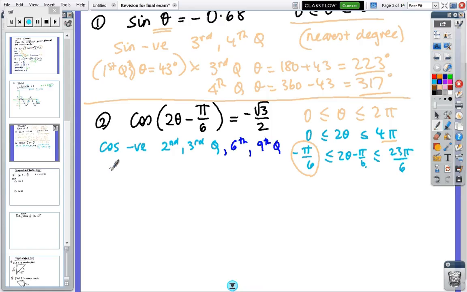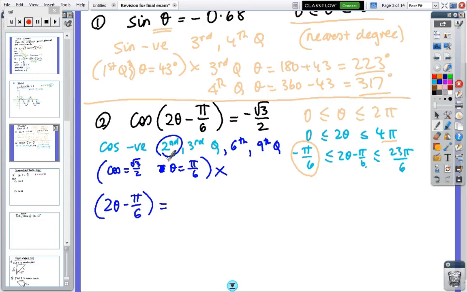Okay, so when cos equals root 3 on 2, that means that pi on 6 is our value, but that's not the right answer because that's in the first quadrant. So I do 2 theta minus pi on 6, which is what the bracket equals.